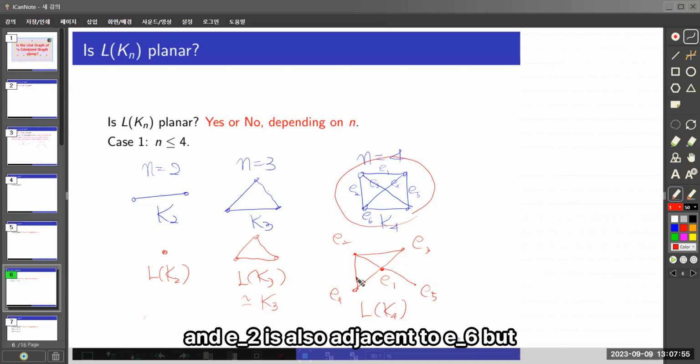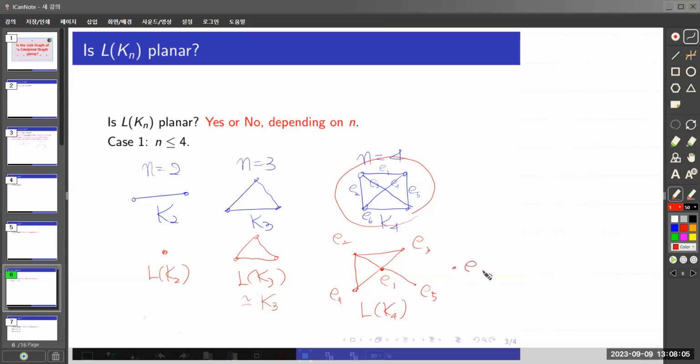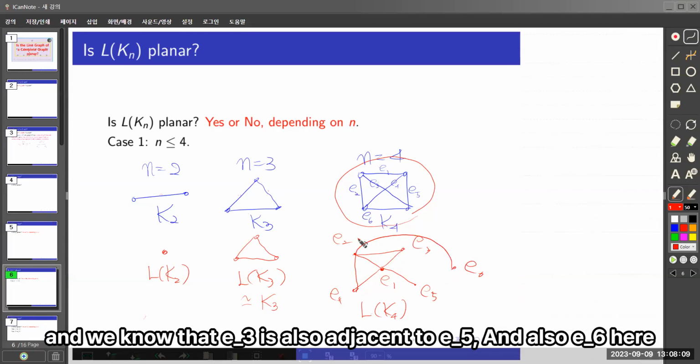And E sub 2 is also adjacent to E sub 6, but maybe I want to put E sub 6 here, like this. And we know that E sub 3 is also adjacent to E sub 5, and also E sub 6 in here.